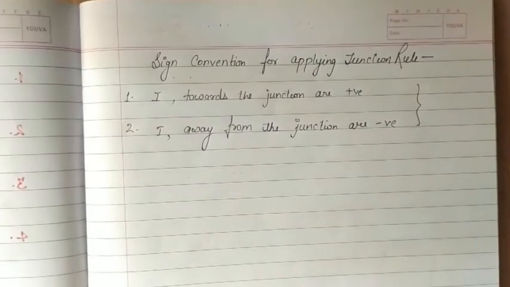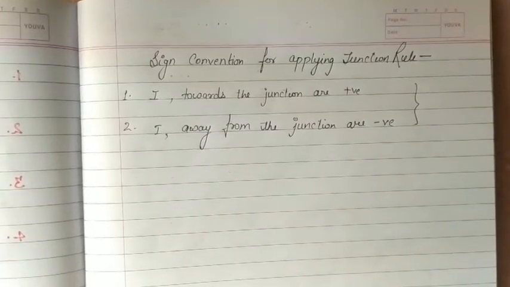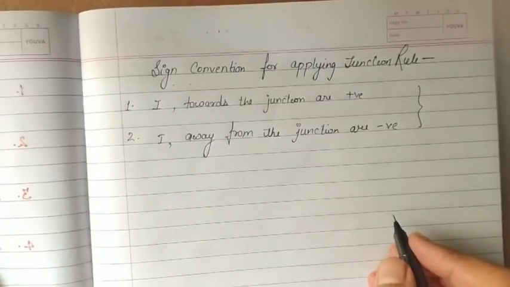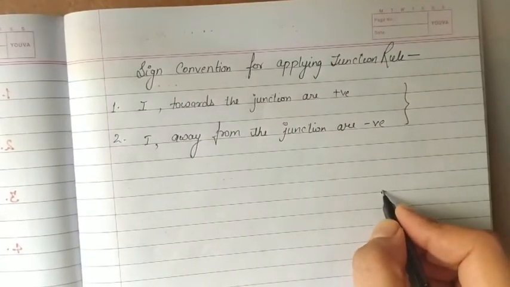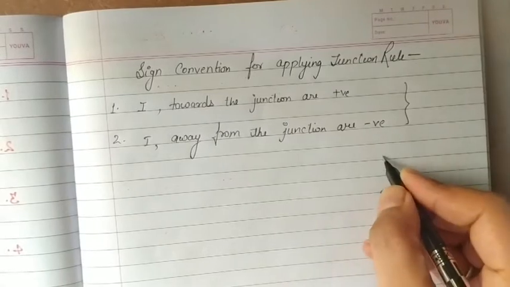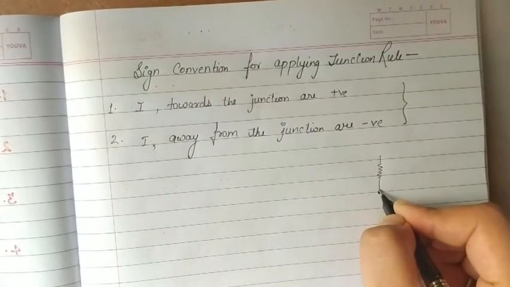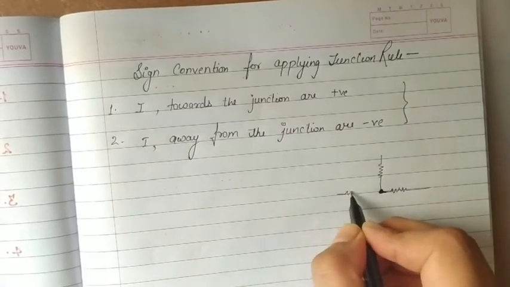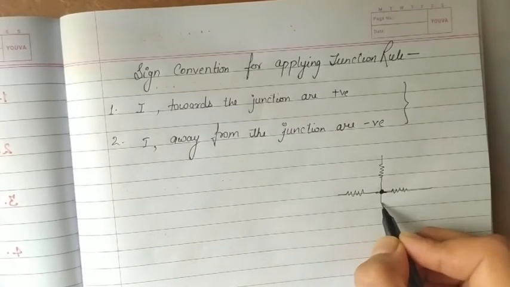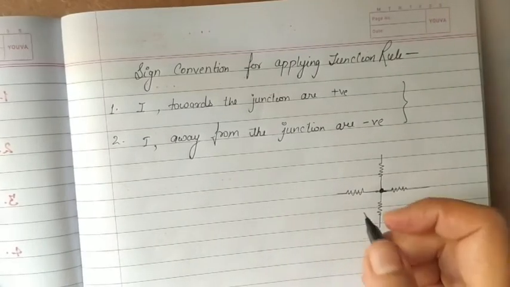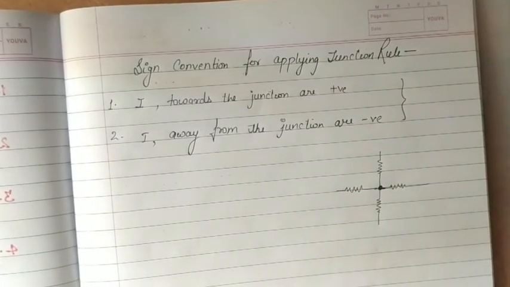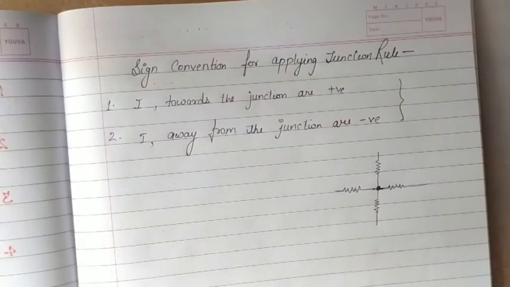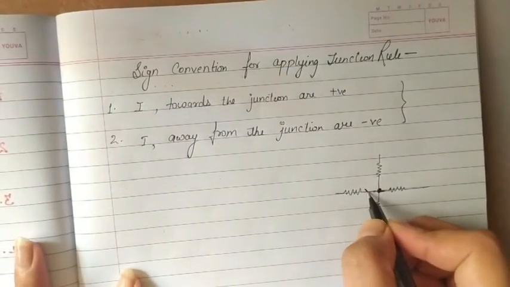So we can understand this by considering an example. Suppose in any electric network I have a junction, this, and at this junction there are four branches connected to it having currents I1, I2, I3 and I4.